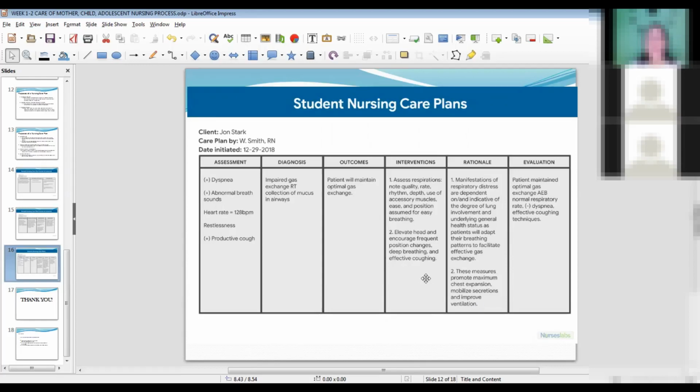So I mentioned earlier that in nursing interventions, we classify these also in 3 categories. So we have the independent nursing intervention. These are interventions or actions that we can do without the prescription or the doctor's orders. So again, independent.